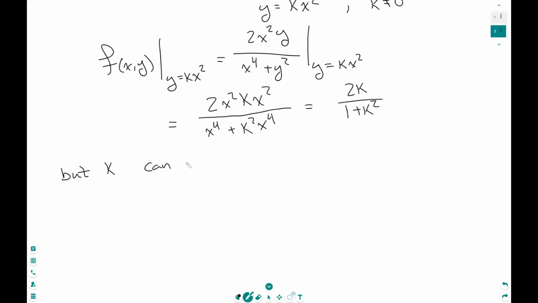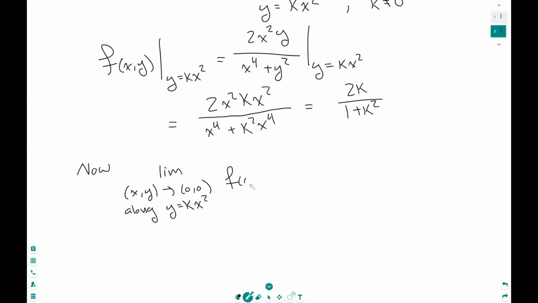But k, so wait, let me back up. We have to make the limit case now, because we're saying now the limit of x and y going to the origin, and we'll put down here along y is equal to k x squared, of f of x and y is, well, I can definitely plug in x and y into this.